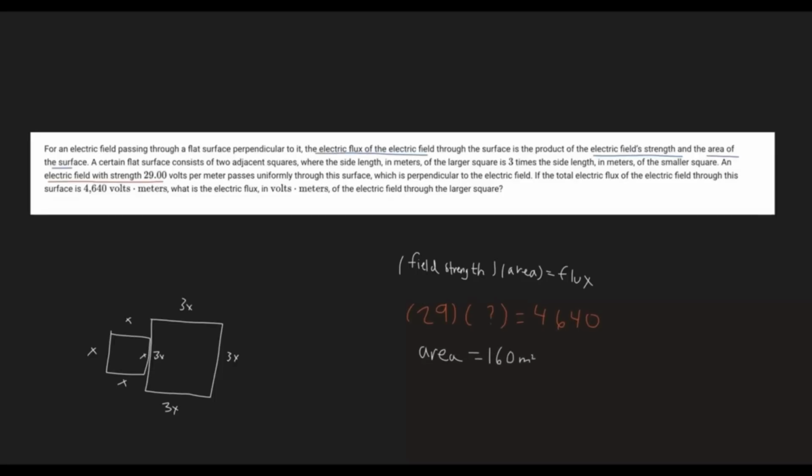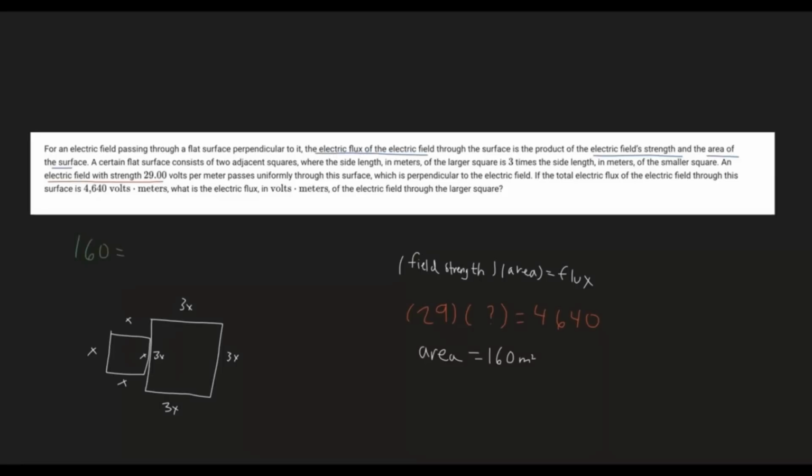All right. So there we have it. We have the total area of the adjacent squares, but we want to find just the area of the large square, because if we do that, we can multiply that by the field strength in order to get the flux that it's affected by. So here's what it's going to look like. We have the total area here, and we already have variables for the side lengths, right? So in reality, we can just set 160 equal to, let's see, we have the first square.